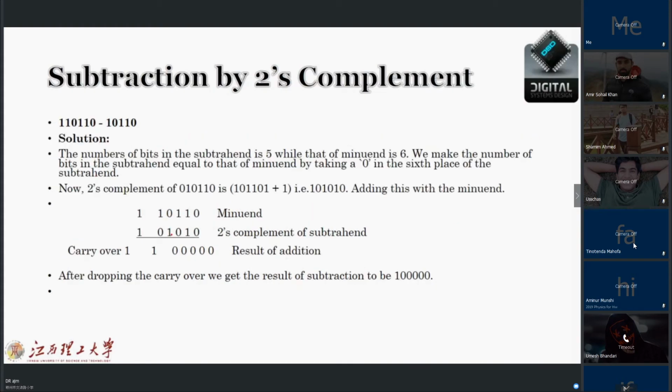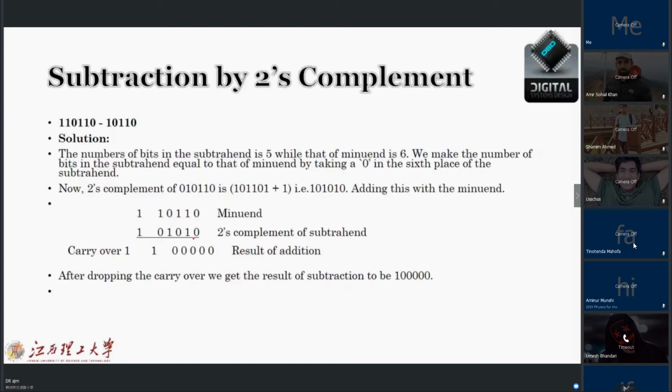Suppose I have the number 110, and I want to subtract 10110 from it. The number of bits in the subtrahend is 5, and in the minuend is 6.